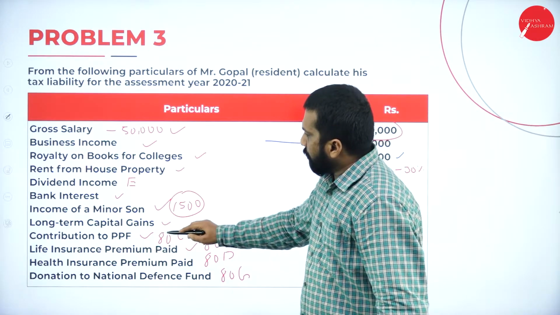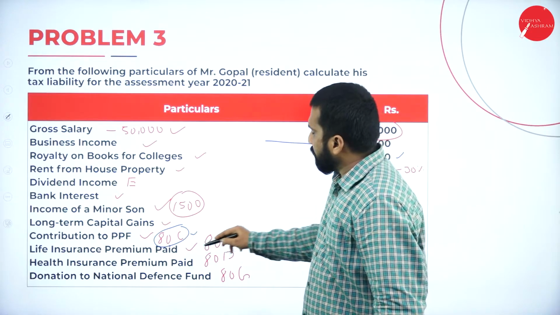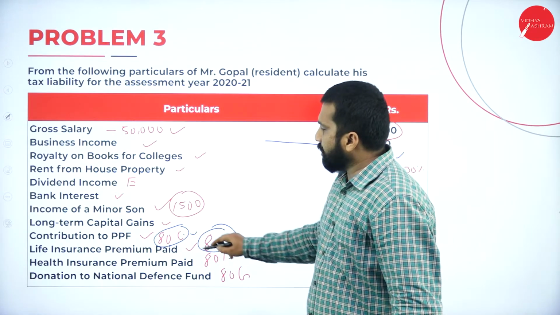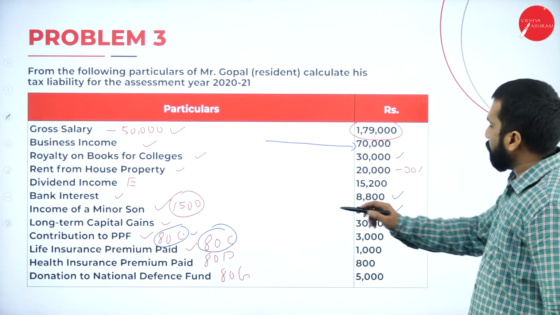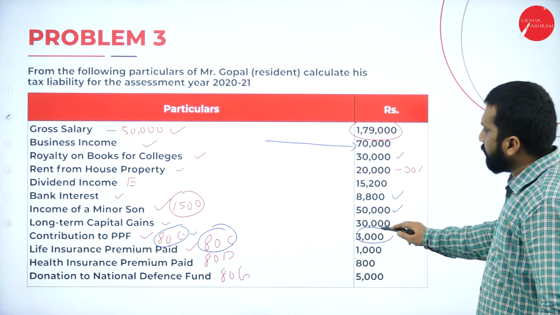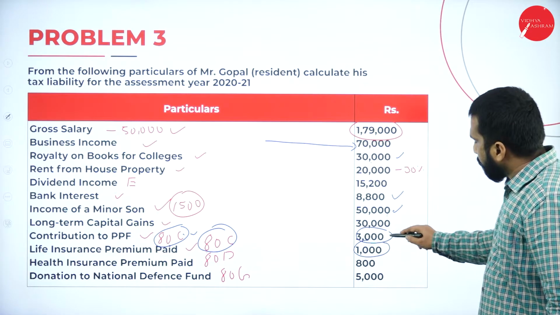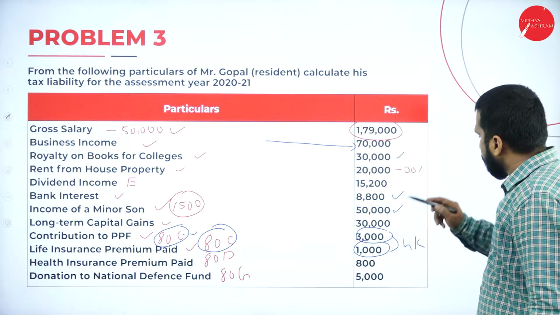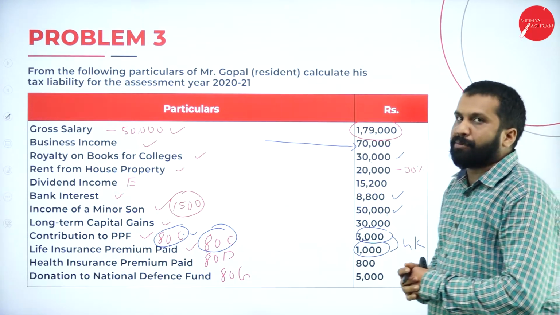See, your contribution to PPF under 80C and life insurance premium under 80C, these both come under 80C. How much is your contribution to PPF? Around 3,000. How much for life insurance premium? 1,000. All put together, 4,000. Both come under 80C. Under 80C, what will come?